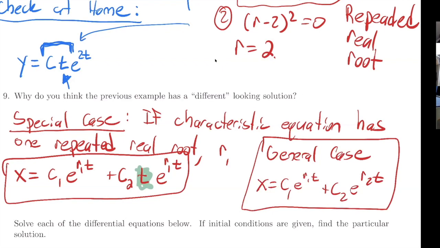In general, meaning two distinct roots, the form looks a little bit different. So once you get the roots of the characteristic equation, you need to know: do I use the general case, or is this the special case where we have a repeated root?